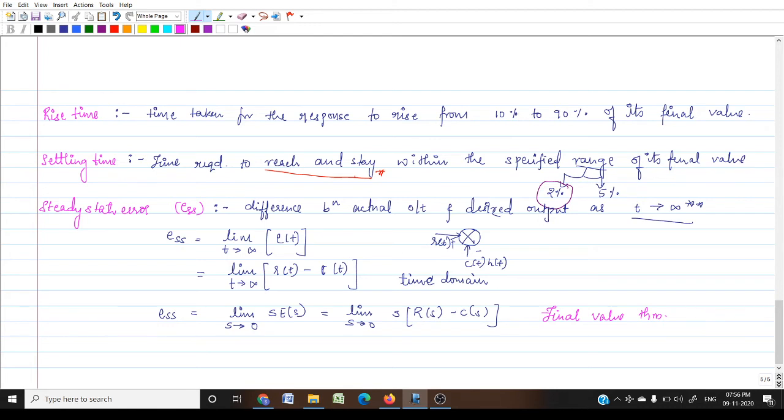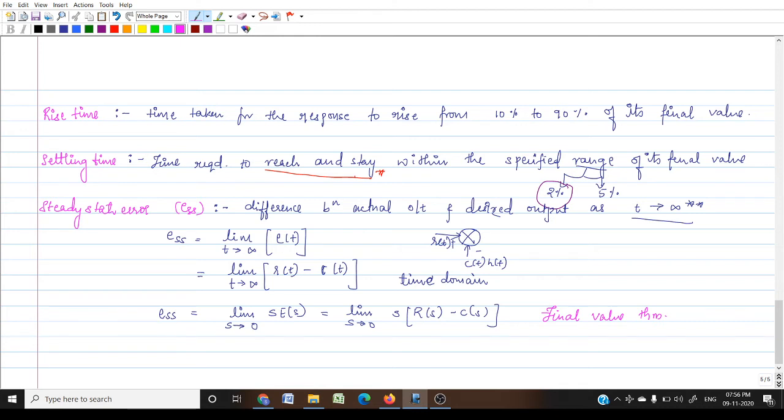Normally we have the C of S value in S domain, and we know R of S in S domain. In order to avoid the conversion from frequency to time domain, we can directly find the steady state error from the S domain itself, because most of the time the transfer function will be in S domain only.